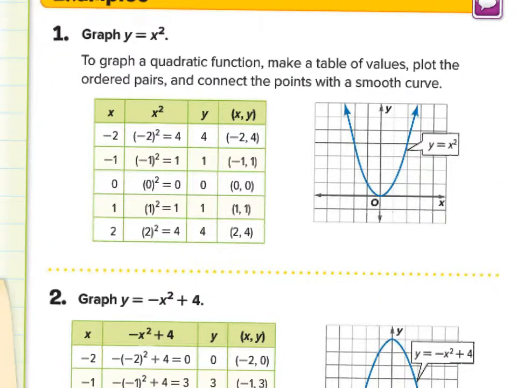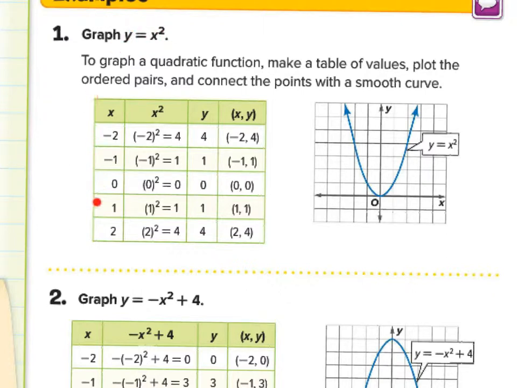Example 1. Graph y equals x squared. To graph a quadratic function, make a table of values, plot the ordered pairs, and connect the points with a smooth curve. So essentially, when you make a table of values, this is the same as making one for a linear function, except now this will be our rule.